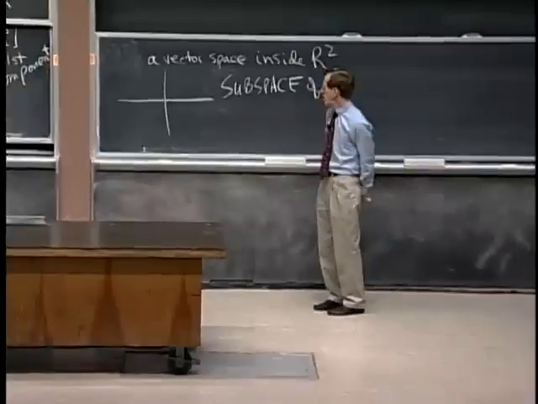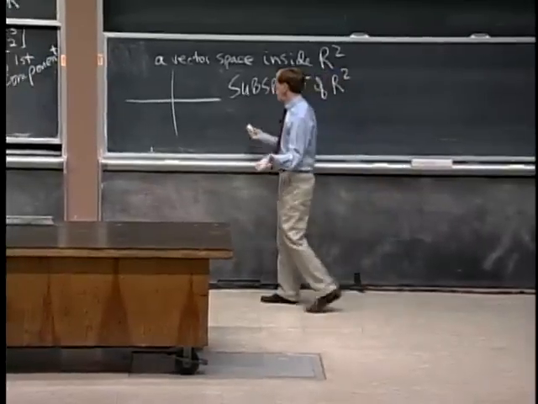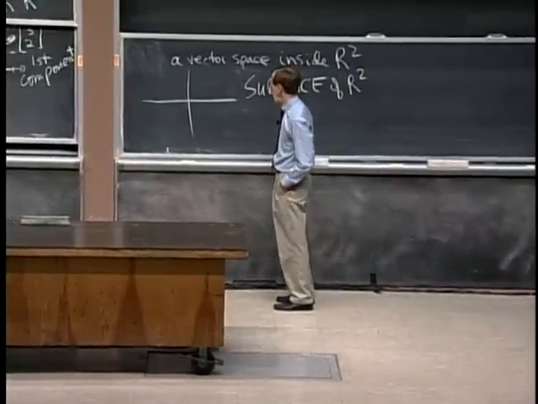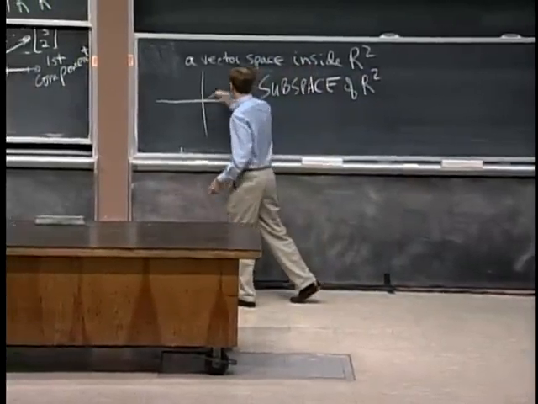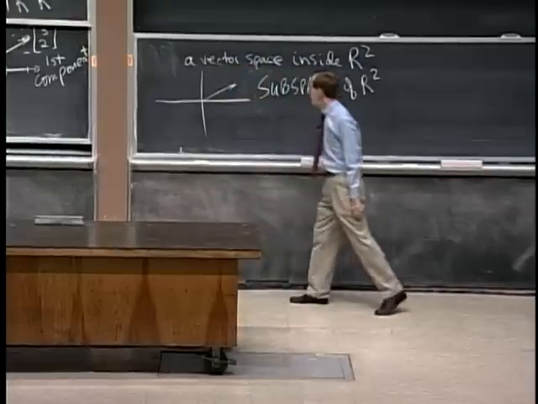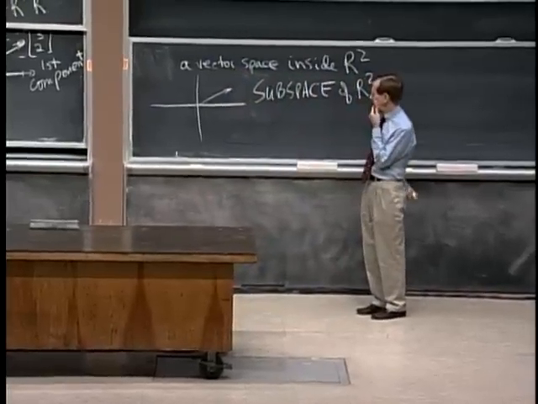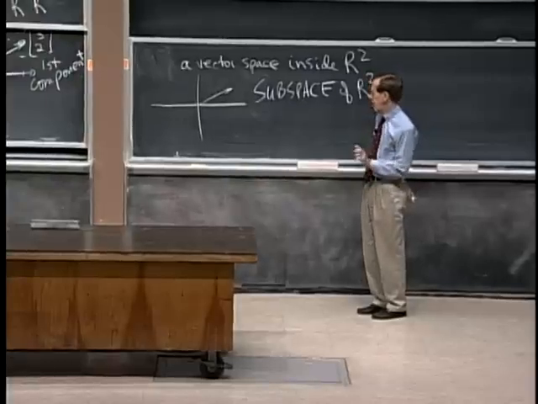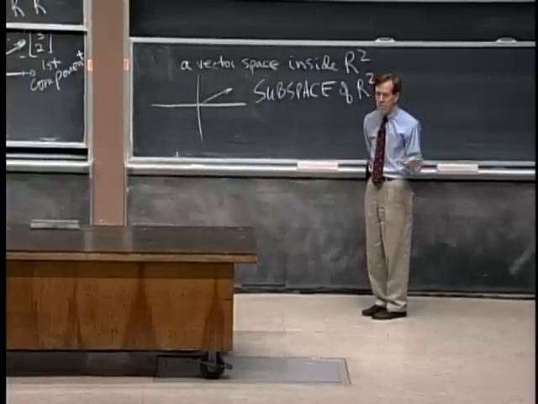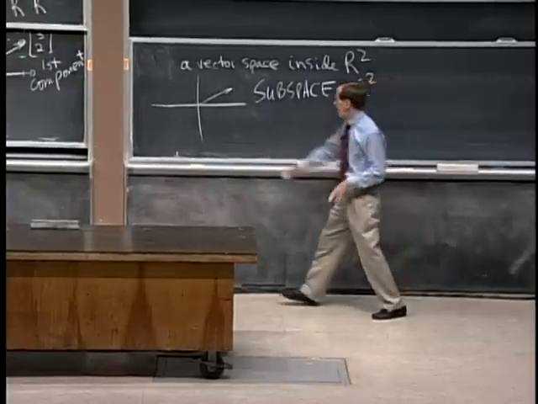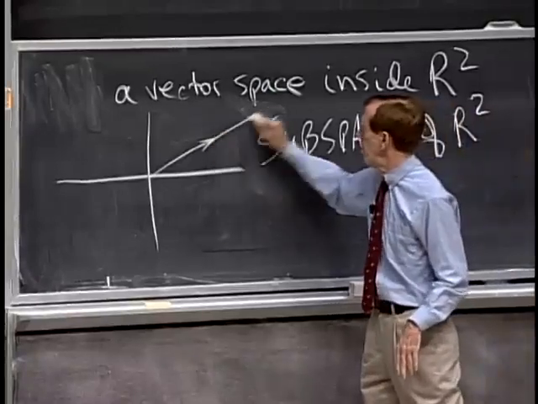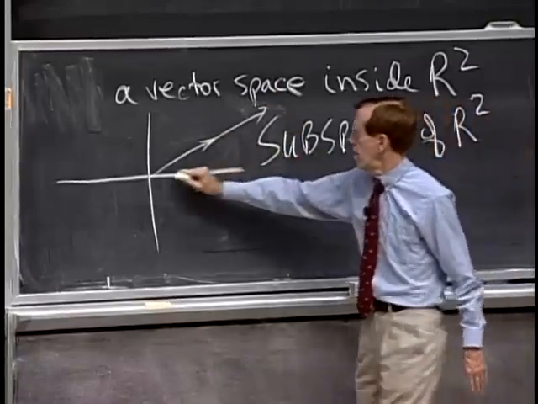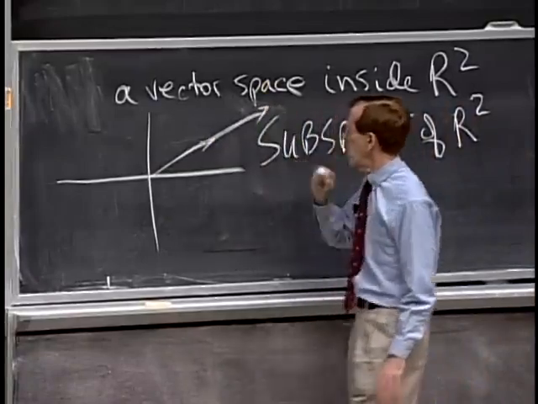Okay, what can I do? It's got something in it. Suppose it's got this vector in it. If that vector is in my little subspace, and it's a true subspace, then there's got to be some more in it, right? I have to be able to multiply that by 2, and that double vector has to be included.